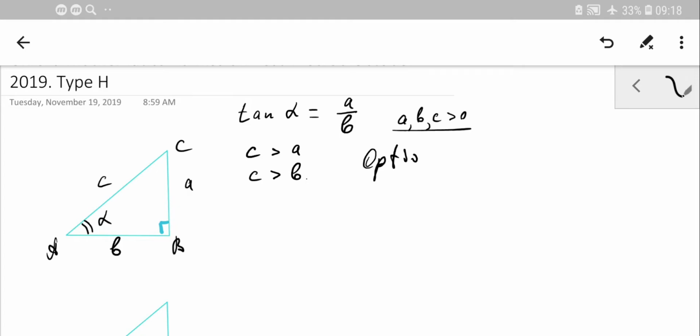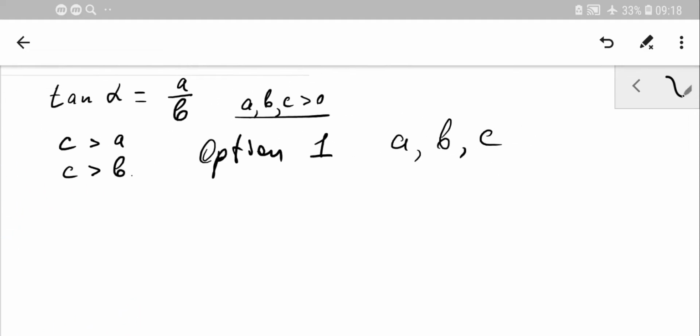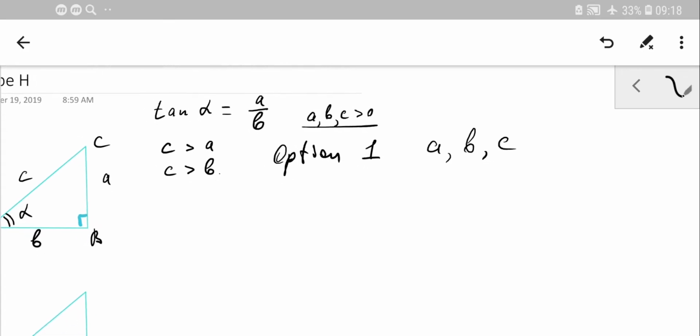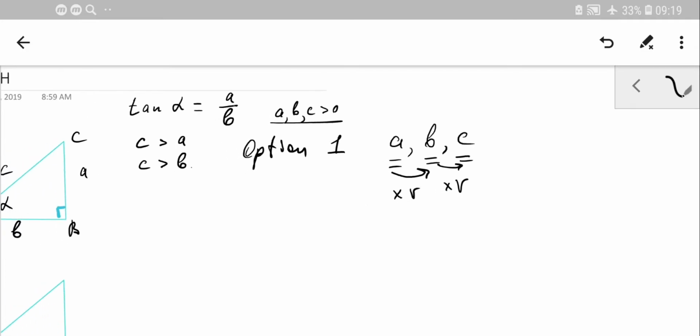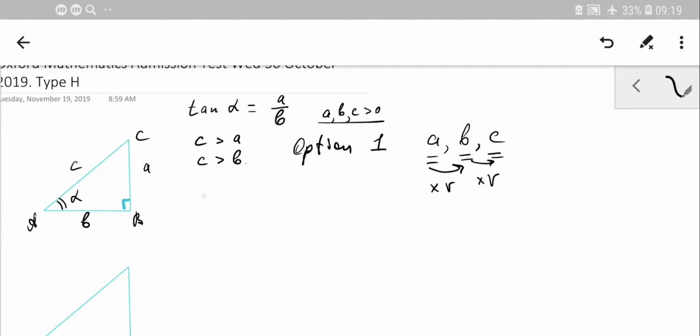Option 1, we have A, B, and C as a geometric sequence. In this case, we don't need to sum up, so we consider it a geometric sequence. Because this is geometric, we can consider r as the common ratio. Each next term is the previous multiplied by r. So we can set up the equations through r.